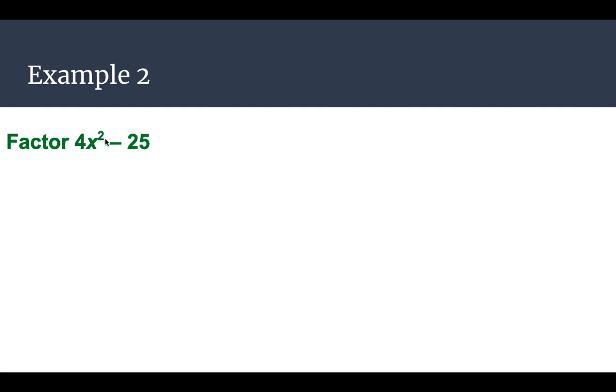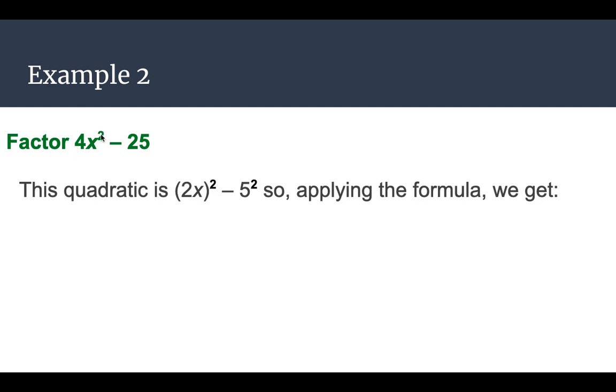This one we have 4x squared minus 25. Well, take a look. This is a perfect square again. So the square root of 4x squared is 2x, and the square root of 25 is 5. So if we follow the steps we did before, 4x squared minus 25 can be rewritten as 2x squared minus 5 squared.